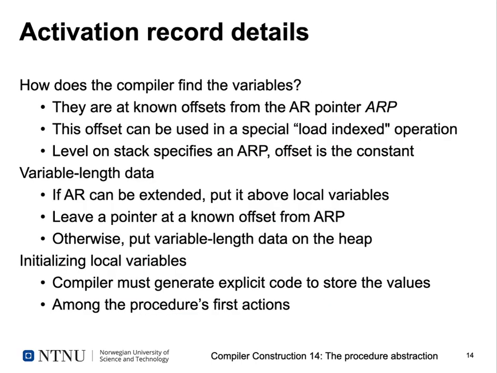So how does our compiler actually find the variables that are part of our activation record? Now we've seen that our activation record pointer points into the middle of our activation record, and below this activation record pointer we know we have stored our local variables.